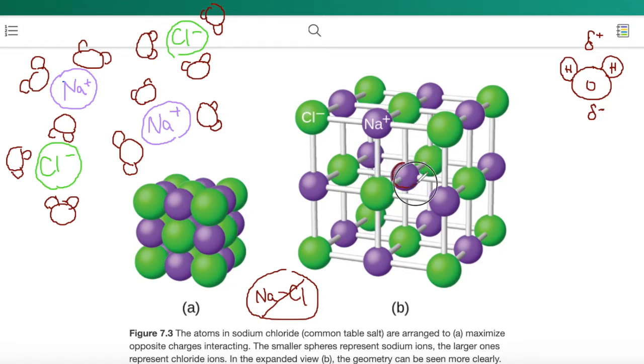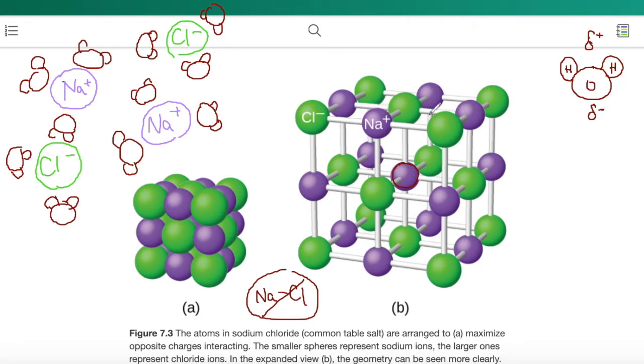If we look at this sodium ion, it's surrounded on 6 sides by chloride ions, and then each chloride ion is surrounded on 6 sides by sodium ions. So the positive and negative ions are alternating, left to right they're alternating, up and down they're alternating. We have negative, positive, negative, positive.